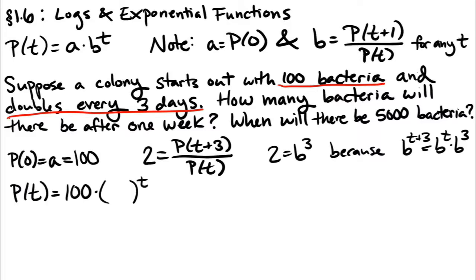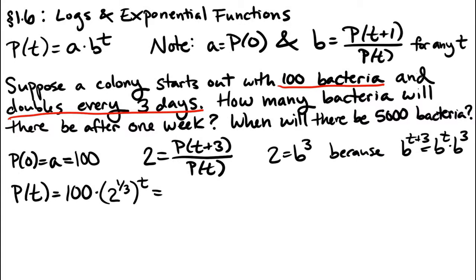So then, P(t) is a, which is 100, times b to the t. We know that 2 is b cubed, so what's b? b is just 2 to the 1/3. Using one of our other exponential rules, this is just 100 times 2 to the t over 3.